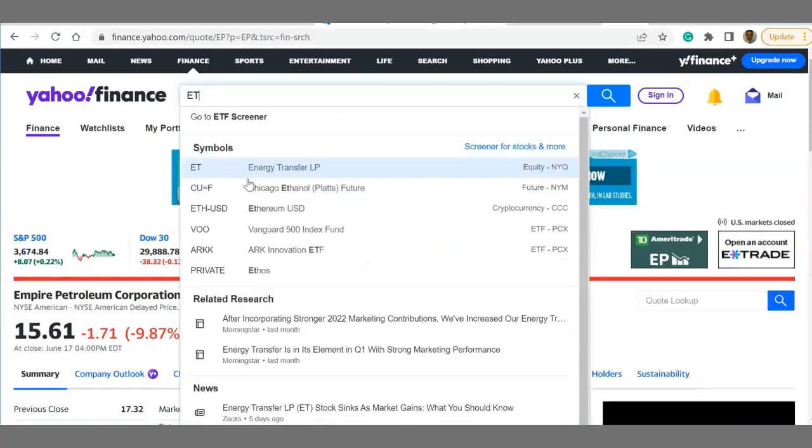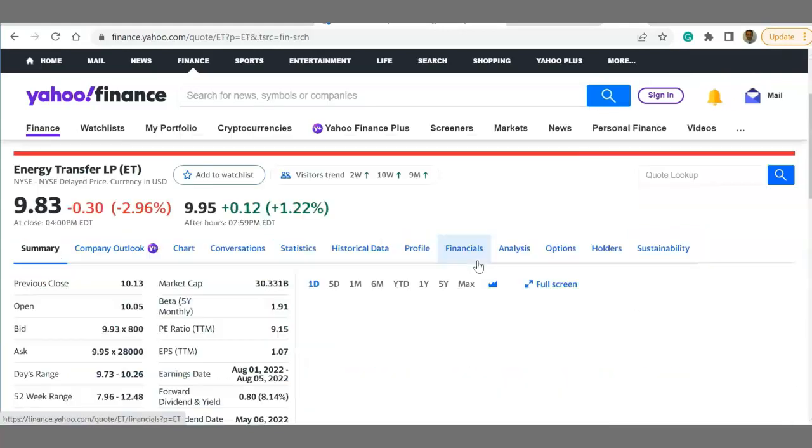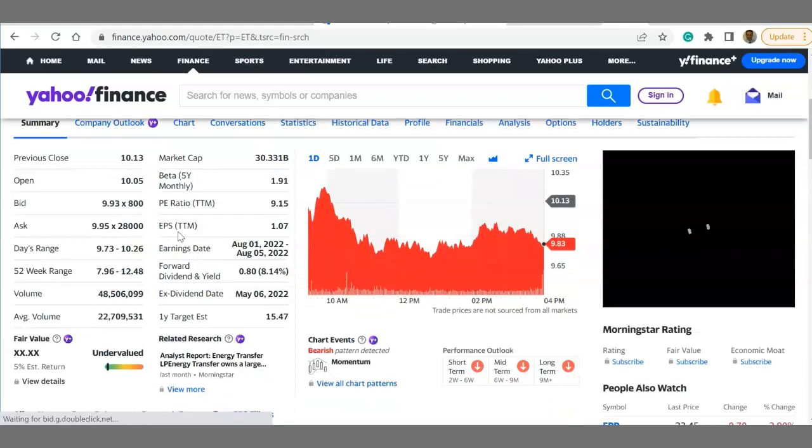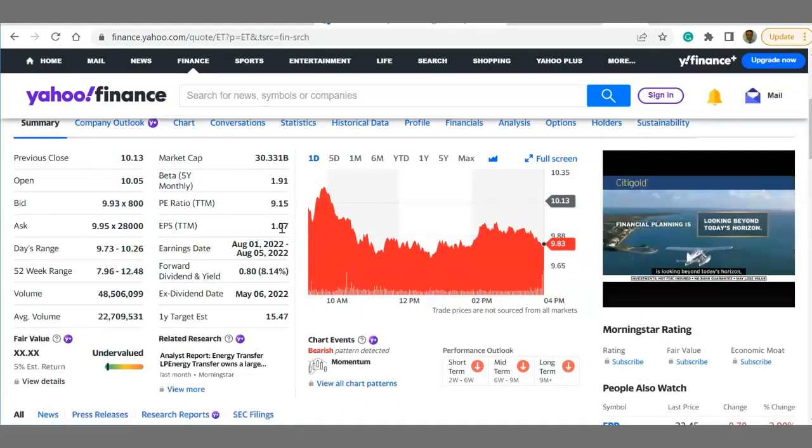ET, Energy Transfer, LP. So this is a company that looks like they do energy transfer of liquid, gas, or whatever, petroleum. Okay, so you see here the earning per share is 107. Now look at the last 5 years.